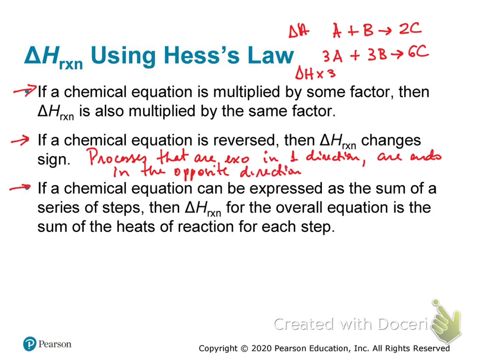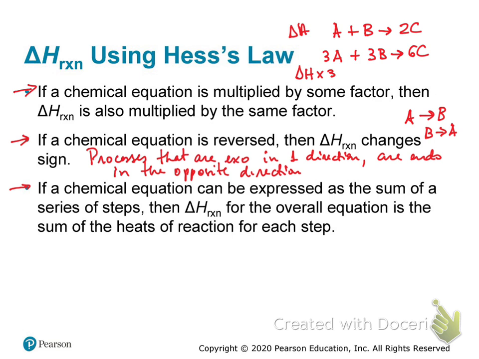That's why we have to reverse the sign. So you're going from A to B. If your enthalpy is positive going from A to B, if you go from B to A, your enthalpy is going to be negative. That's what this bullet is saying.